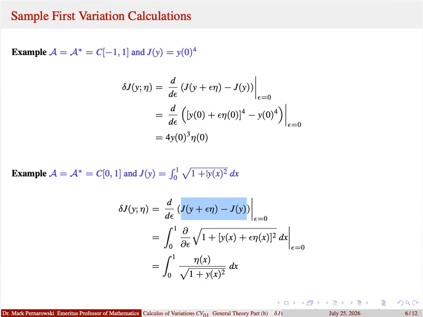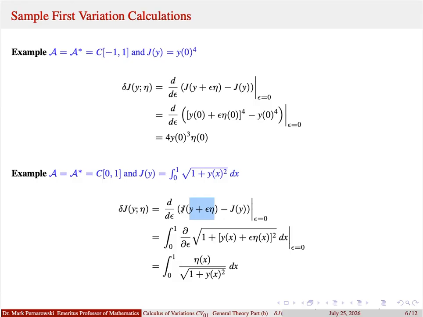That'll be an integral where this term is replaced by y plus epsilon eta squared, minus this square root thing again. That'll be the difference of two integrals, or the integral of the difference of two things.